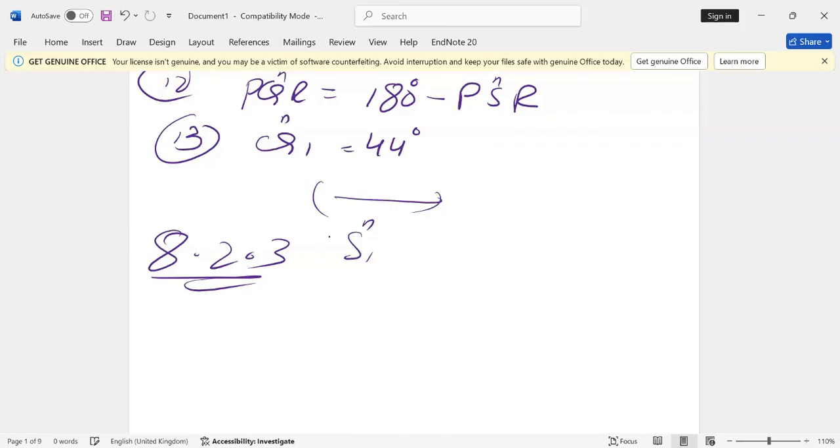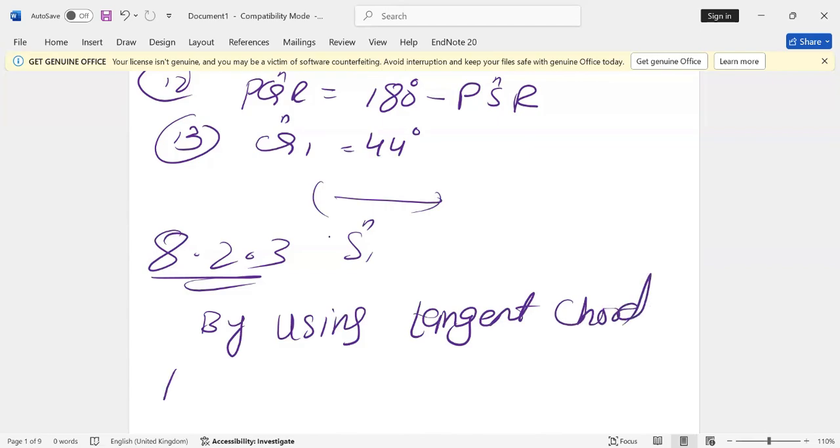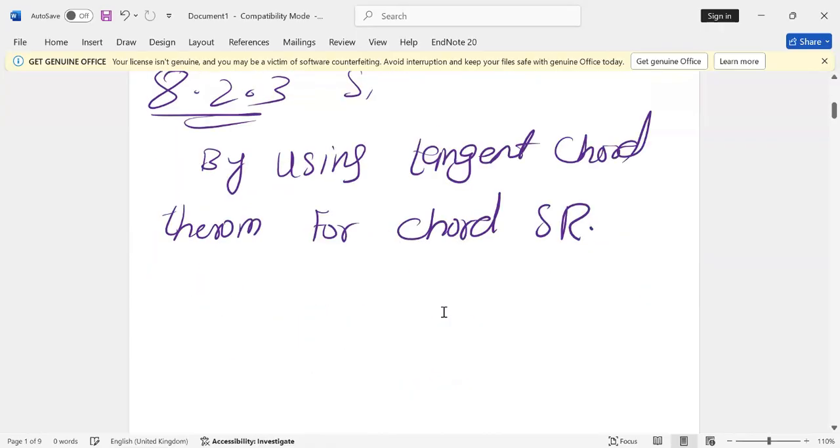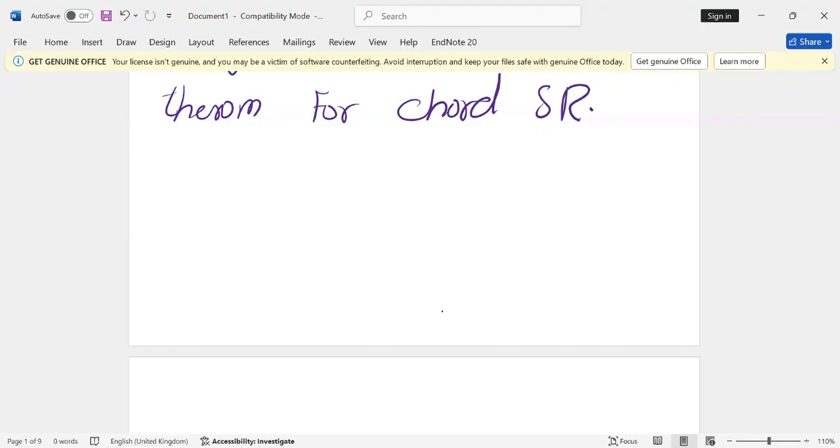So using the tangent chord theorem for chord SR, we have S1 plus S3 equals PQR. Okay, so S1 is the angle between the tangent ST and chord SR.